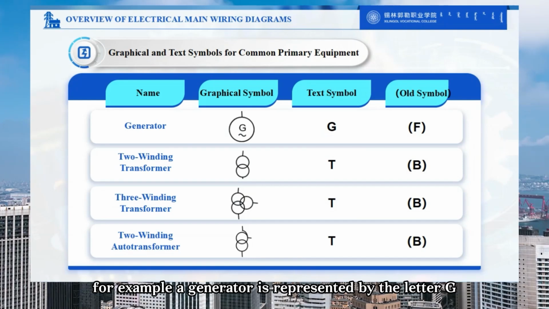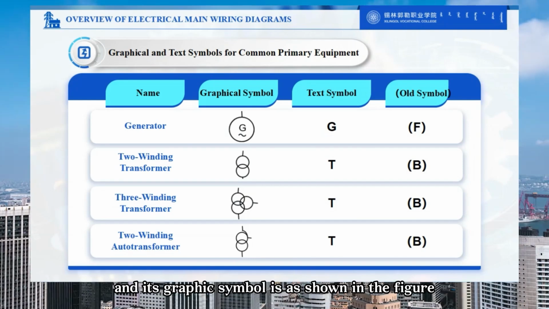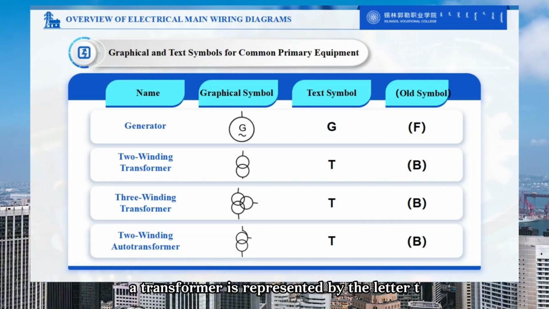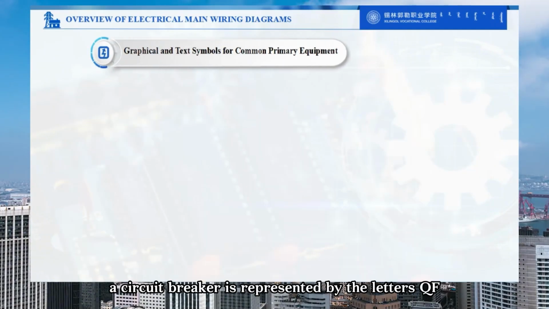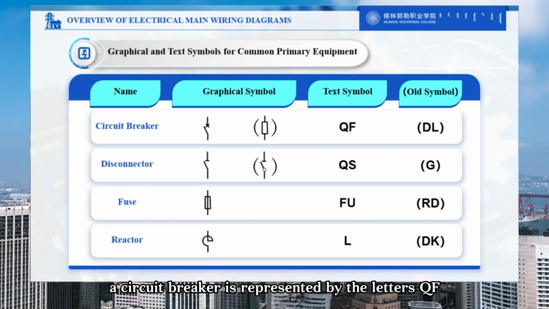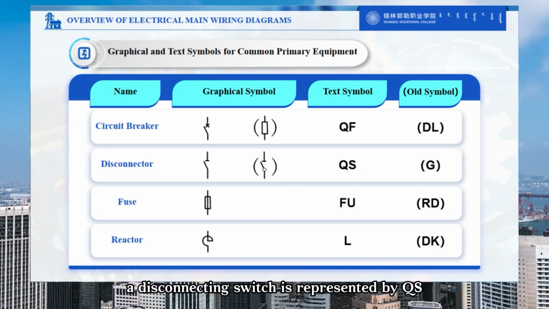For example, a generator is represented by the letter G, and its graphic symbol is as shown in the figure. A transformer is represented by the letter T. Here, double winding, three winding, and auto transformers have different graphic symbols. Switchgear, a circuit breaker, is represented by the letters QF. A disconnecting switch is represented by QS.